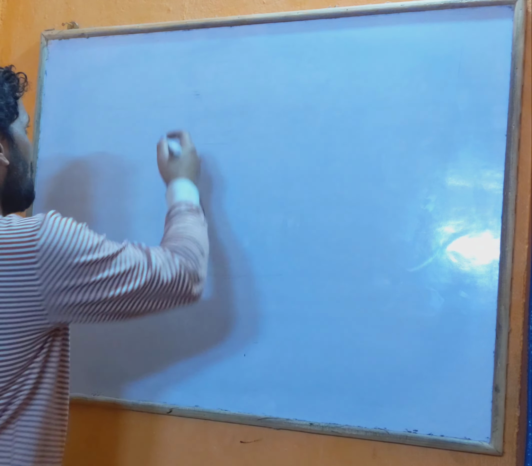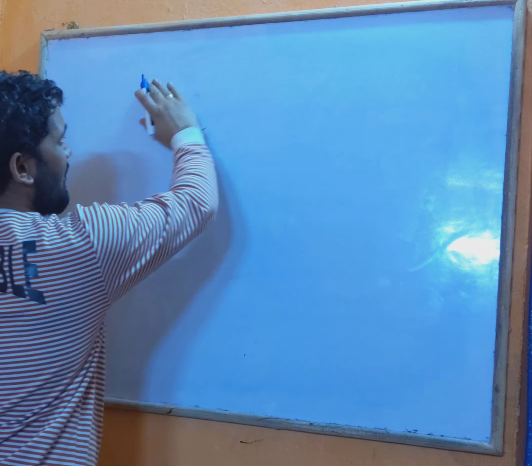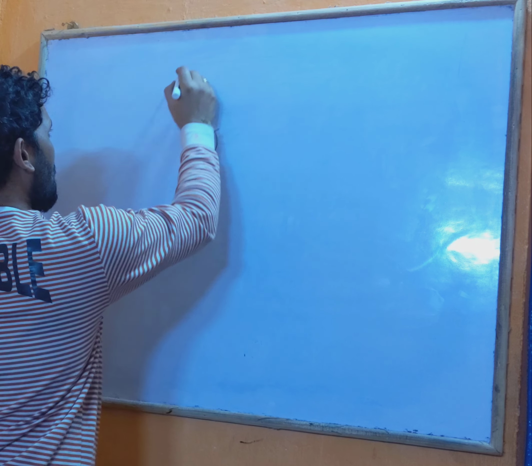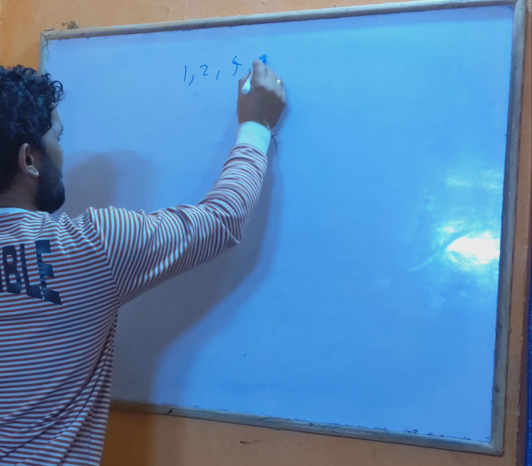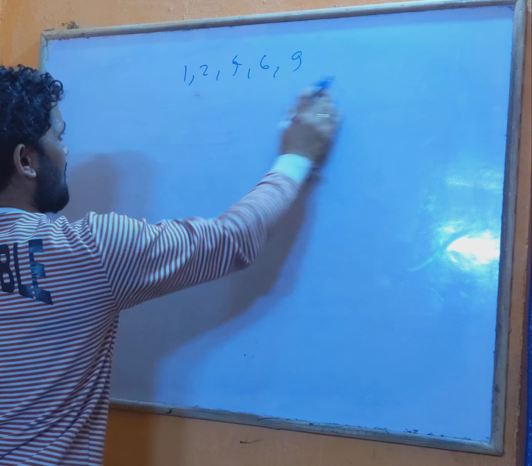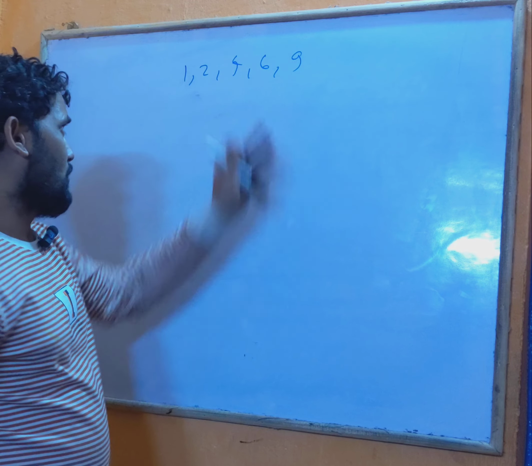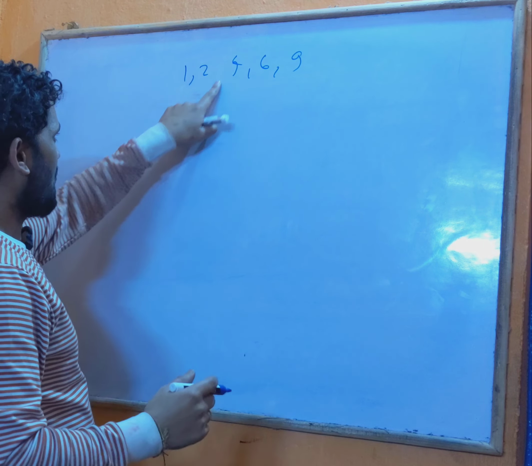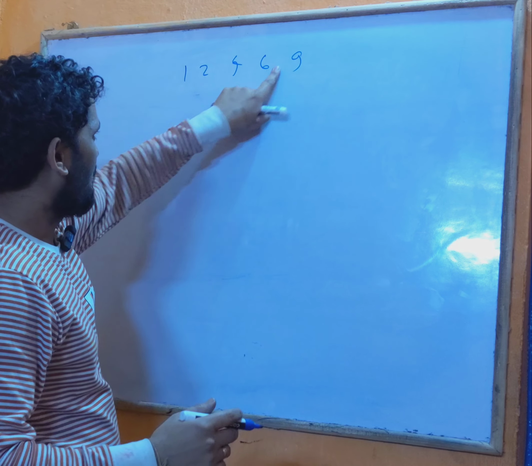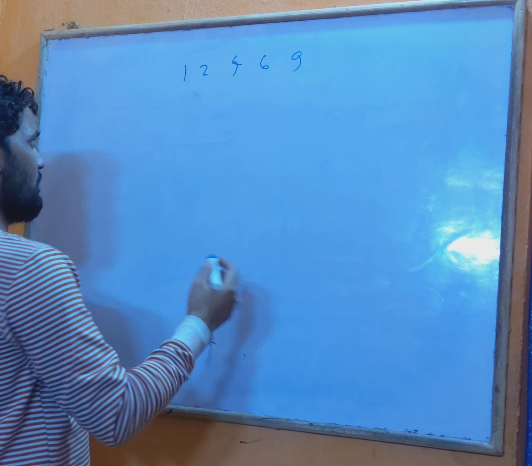mean. So consider an example: 1, 2, 4, 6, 9. This is your observation. Now the question is, what is the mean for the given observation?